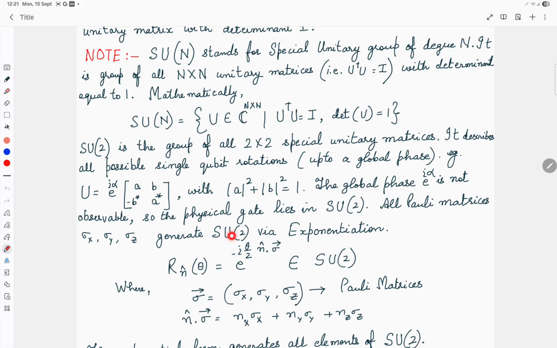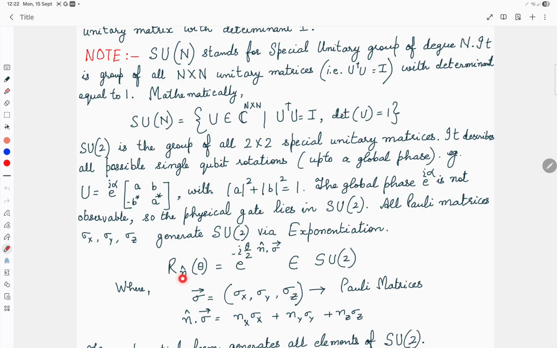These types of matrices, how? Via exponentiation. This is a process by which we can obtain the rotation gates. Now this is the definition or the method of exponentiation in this equation, which says that R, this n is the unit vector which basically describes whether it is x, y or z.